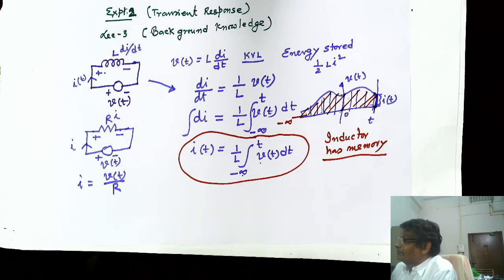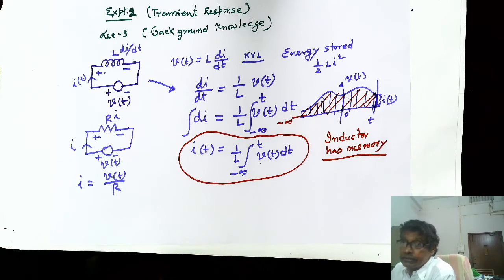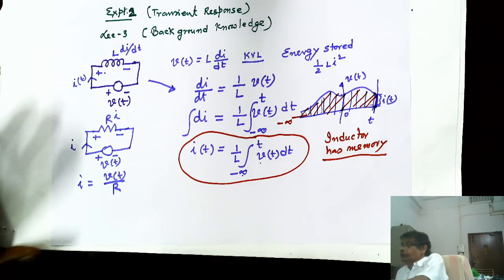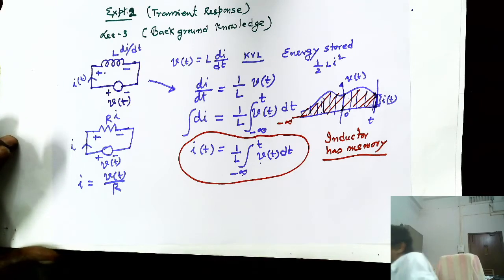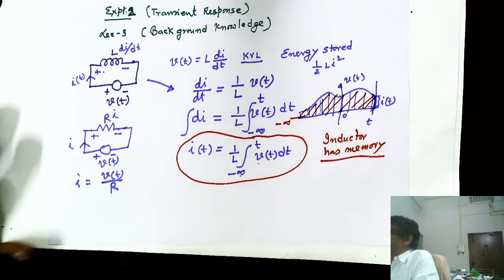To find out the present value of the current, all these voltage informations which have been applied from time immemorial, because t equal to minus infinity, what does all this mean? You should not worry too much. As you proceed, you will know how simple it is. Anyway, this is the formal description of the current which will be flowing through the inductor.